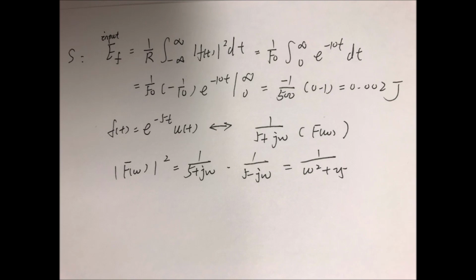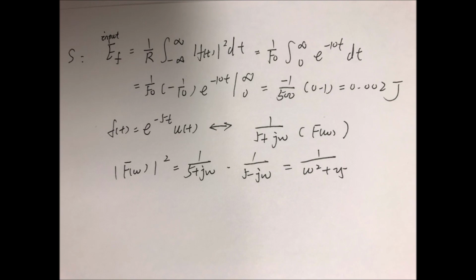What is this one's Fourier transform? If it's not number 1, it will be number 2 in your table. So this one's Fourier transform is 1/(5 + jω). So I know my Fourier transform of the input. Just one step further, right? The magnitude squared.